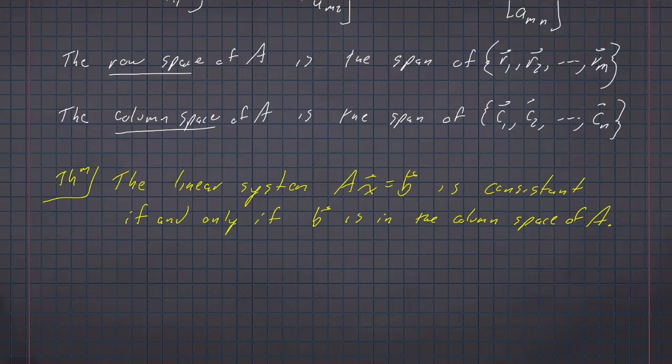The linear system AX equals B is going to be consistent if and only if B is an element of the column space of matrix A.